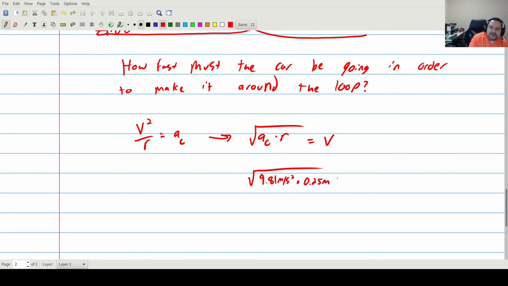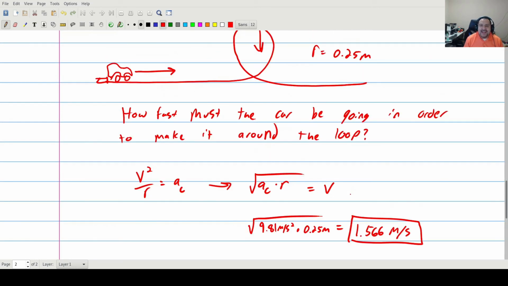Grab the calculator: the square root of 9.81 times 0.25 gives me 1.566 meters per second. So that means if the car is going at least that fast, it will make it around the loop. But if it's not going fast enough, then it will fall off the loop.